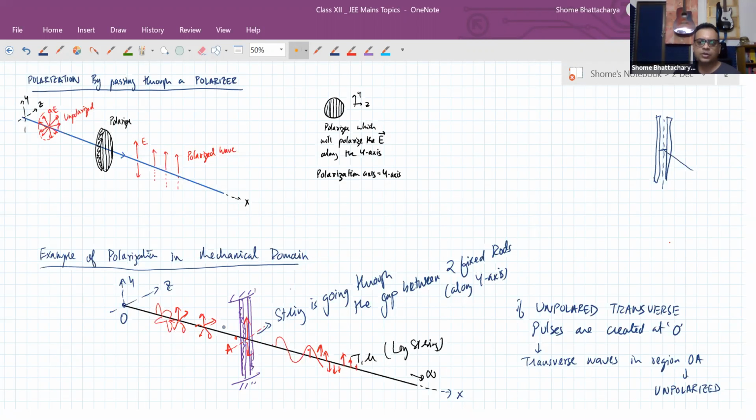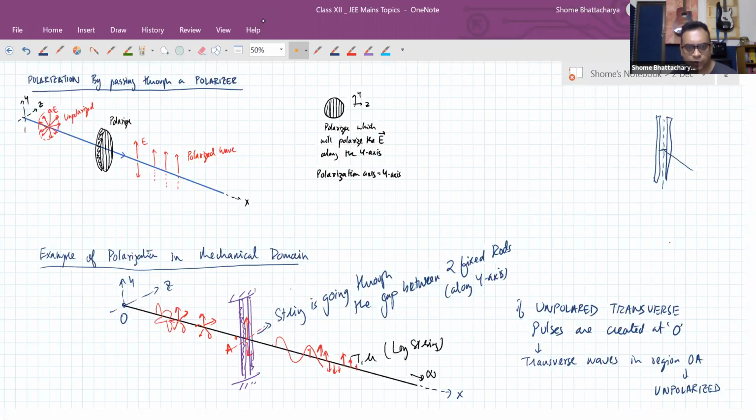Just imagine those two rods are very close to each other, and the string is passing in between them. So it allows the disturbance only along this perpendicular direction. It does not allow the disturbance like this. So even if you create unpolarized disturbance on this side, the particles of the string which are wedged between the rods are forced to move only along the y-axis. They are not allowed to move along the z-axis.